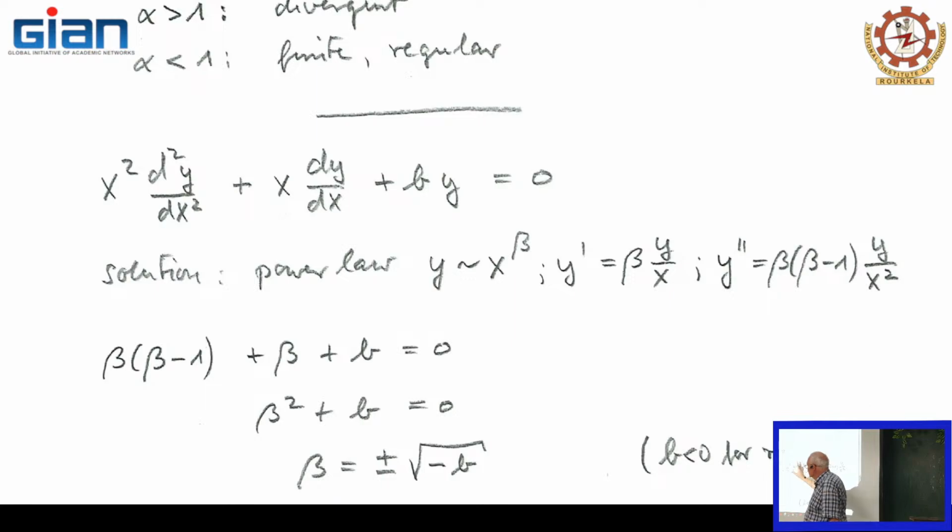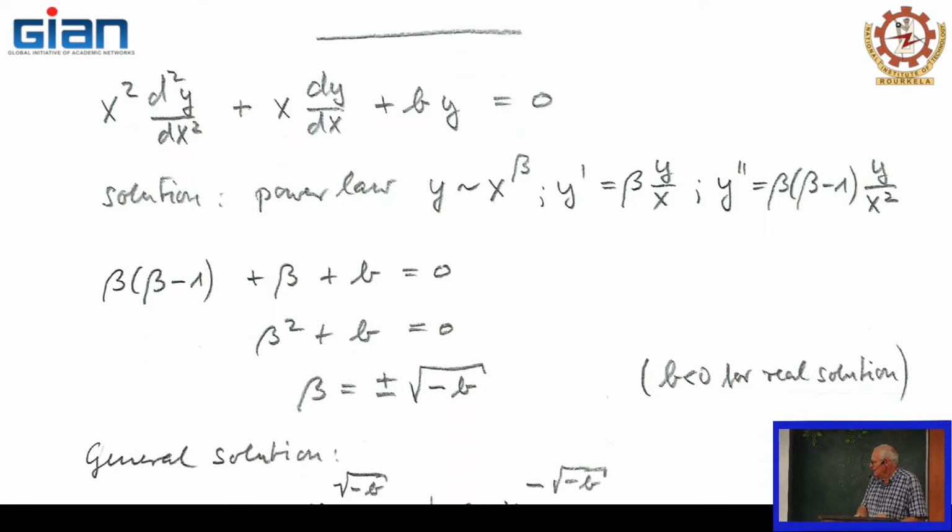And if you insert this into your differential equation, you are left with an equation for beta, for the power of the function x to beta. You find a quadratic equation for beta, and you end up with beta equal to plus minus the coefficient b.